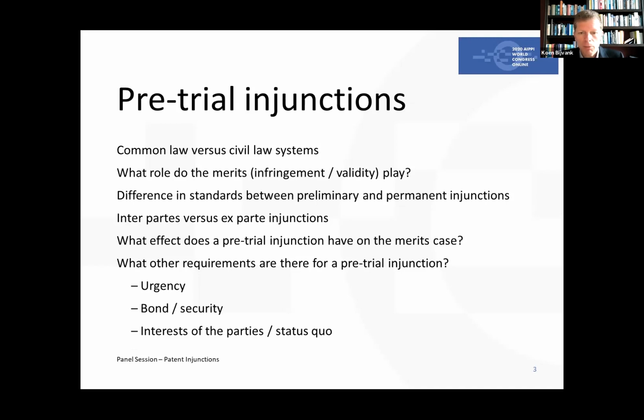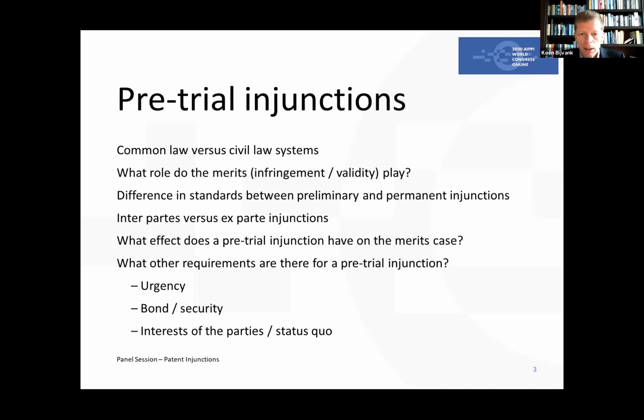And some of them have been mentioned by all of you before. But I think it's interesting to explore if there are any clear-cut differences and how predictable it is, or to what extent really these factors all depend on all the circumstances of the case. For instance, the urgency requirement.